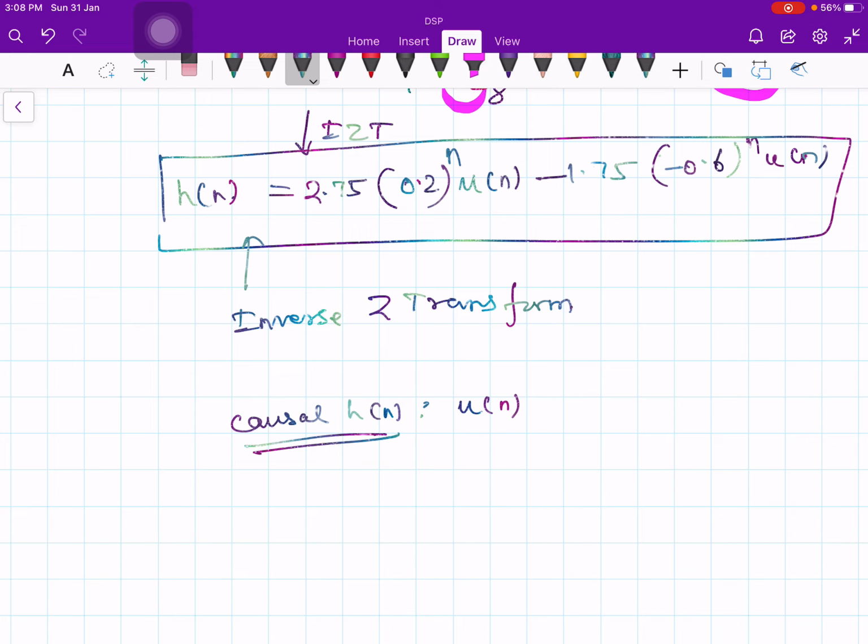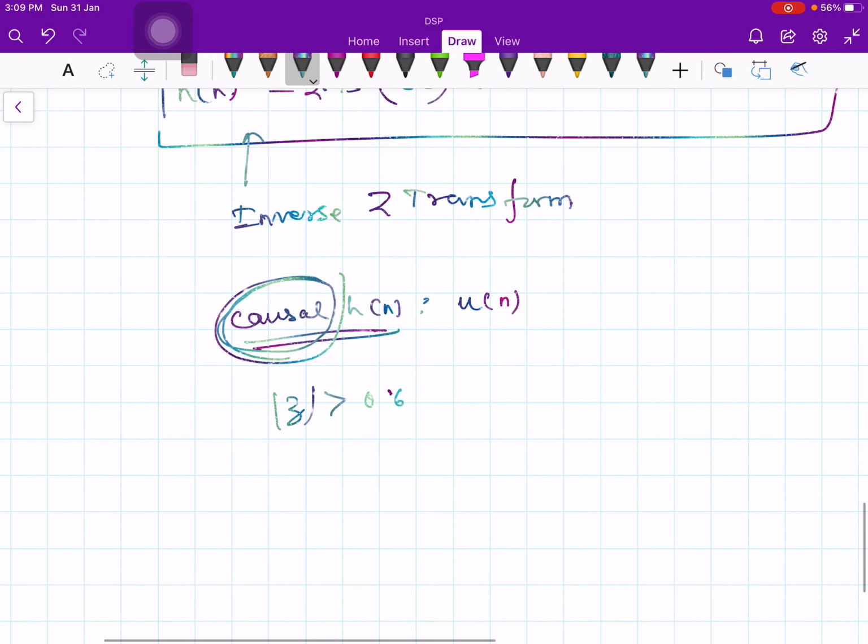So an equivalent specification is given by the word causal, because you are asking for a causal sequence h of n. If causal is not given, then the answer to the inverse transform would not have been unique. The answer we worked out will be correct only if mod of z is greater than 0.6.